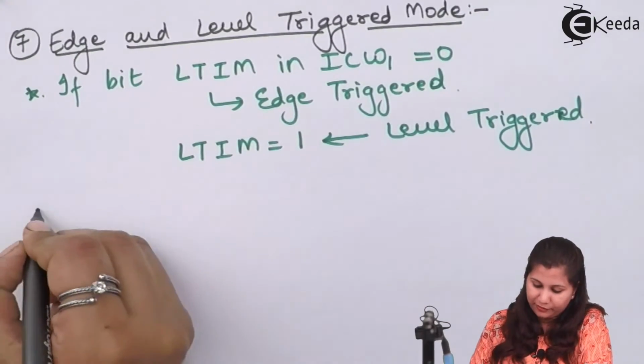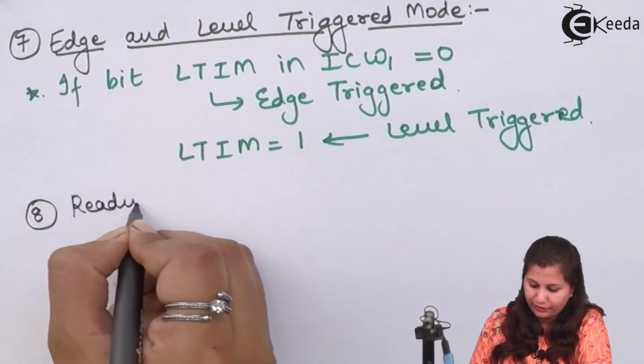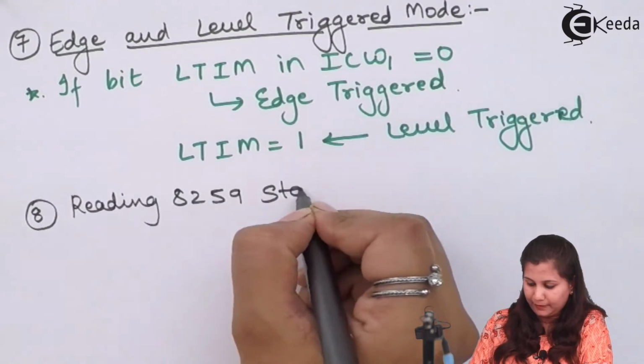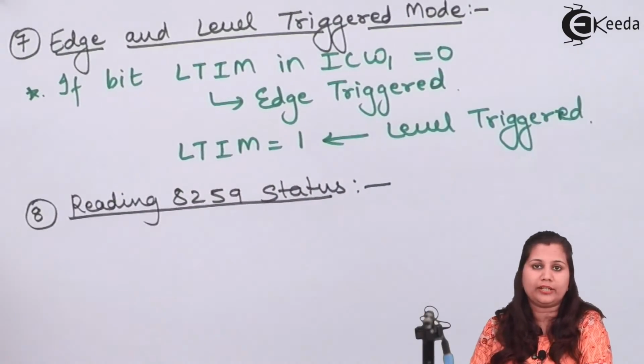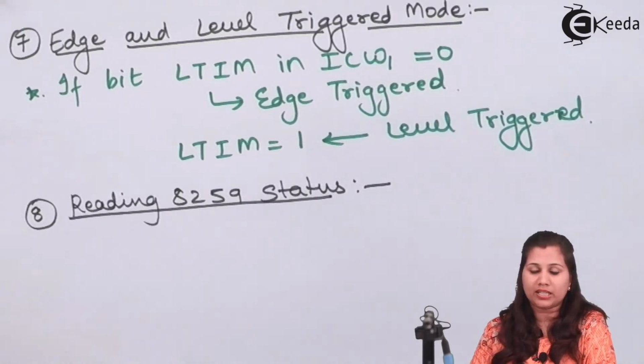Then next we have the 8th mode, which is reading 8259 status. Now to read the status of the 8259 IC, we have the status registers. There are 3 status registers.